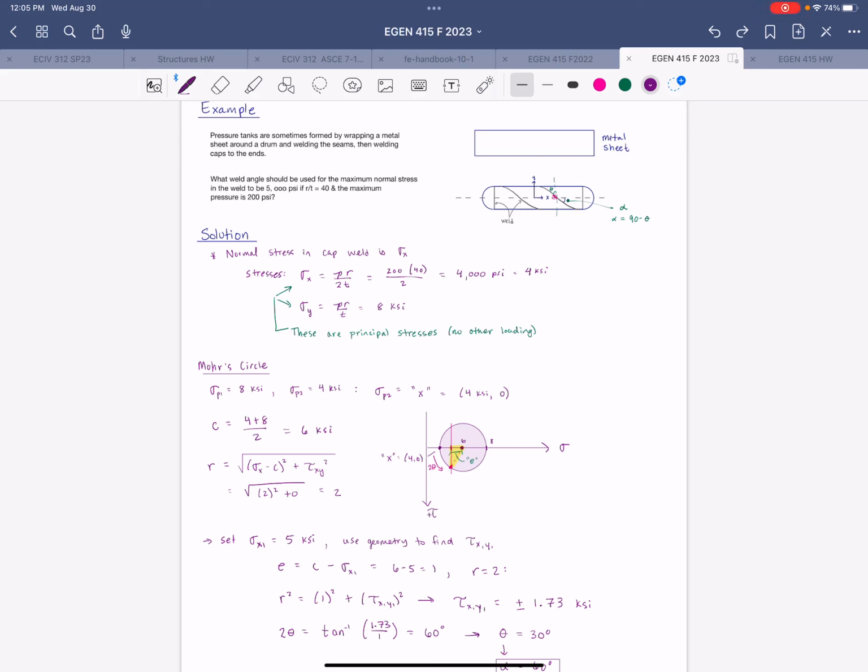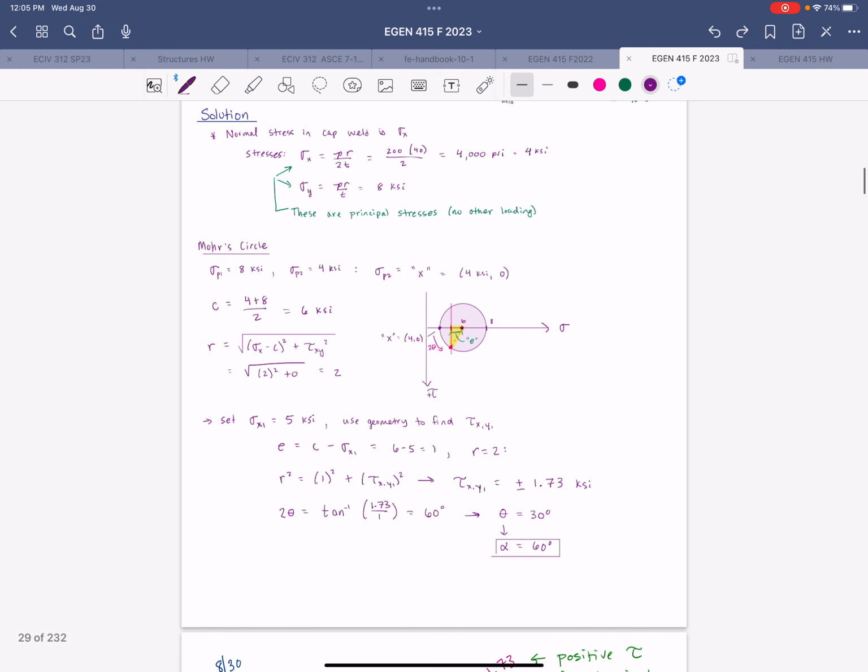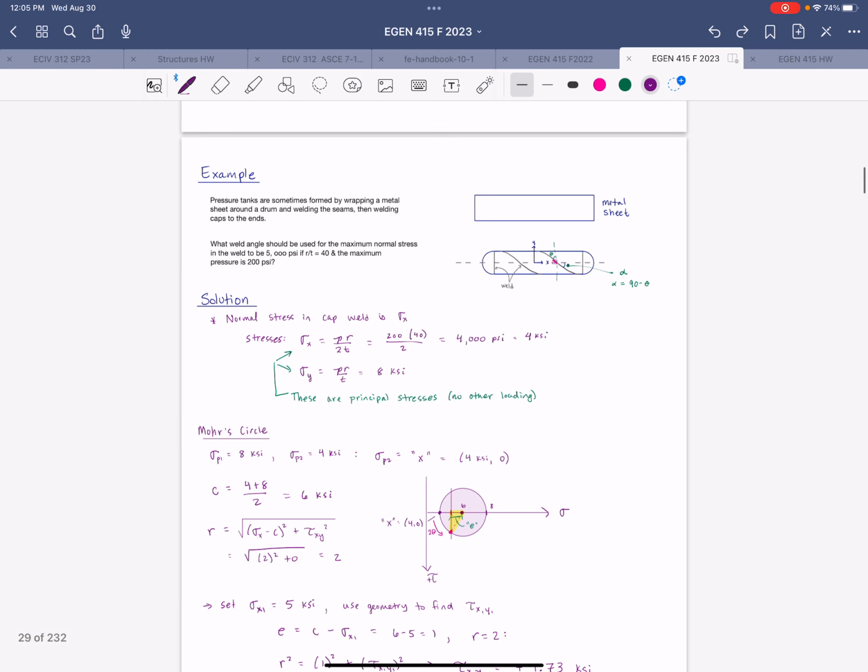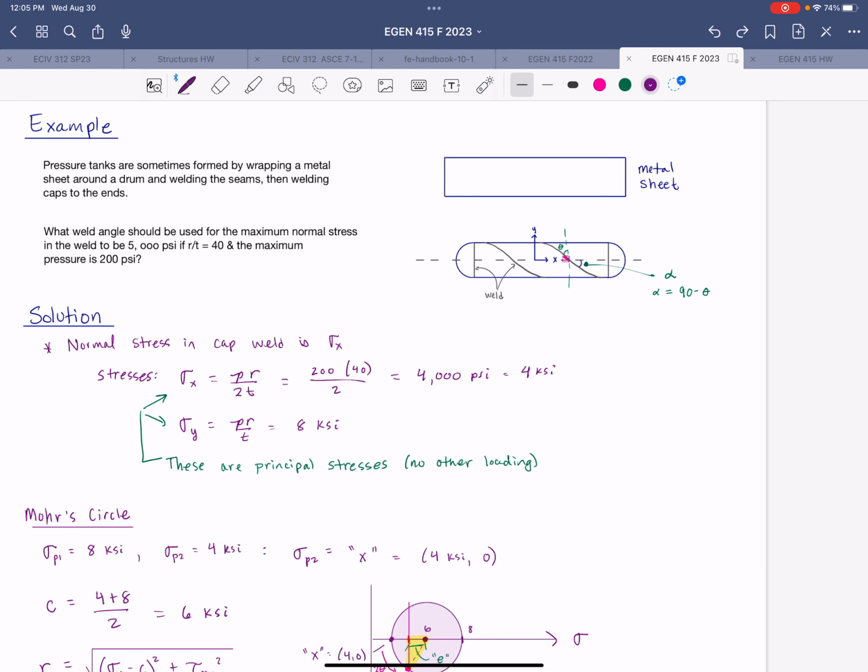So last time we were wrapping up this example on Mohr's circle, demonstrating that. And we found the weld angle, theta, which we redefined as alpha based on this orientation, where theta represents the angle of the right face of that stress element, so that the normal stress in the weld is not greater than 5,000 psi.